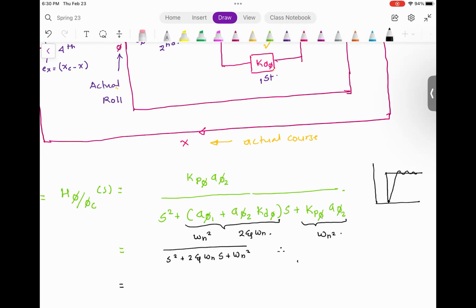Once you set the course, because of the yaw and roll coupling, the course will give rise to some roll. And in turn, that roll is connected to your yaw. So basically your course would change.